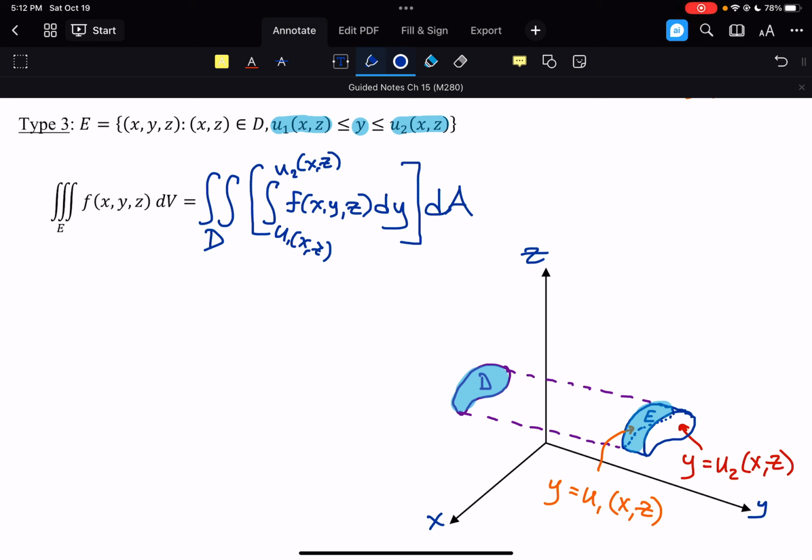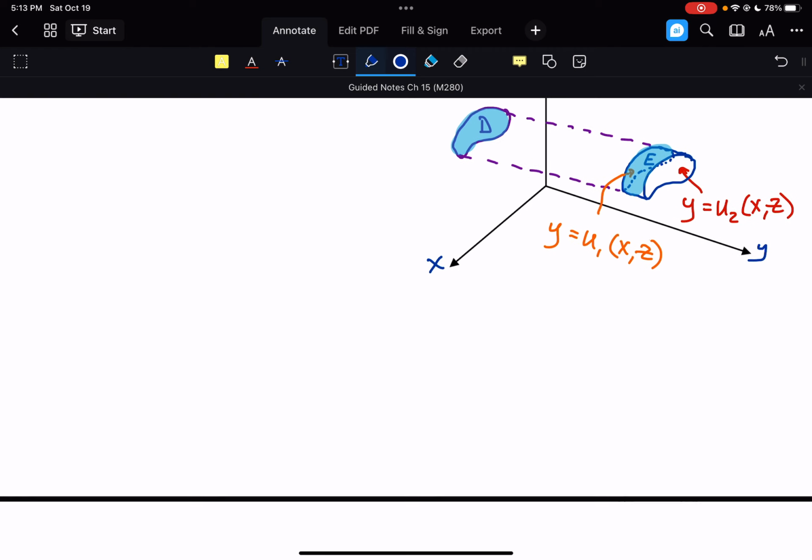So you just look at the functions, you see what variables they are in terms of. That can indicate which variable comes first. So like if you see two functions where y is a function of x and z, that's a good indicator that y should come first. And then the double will be in terms of x and z over there in the xz plane.